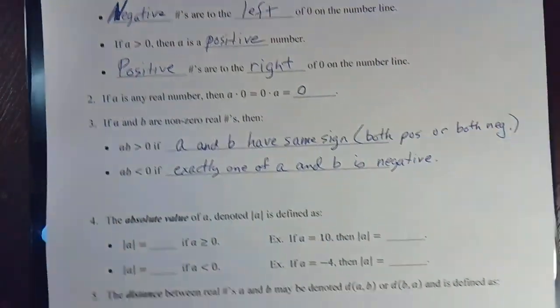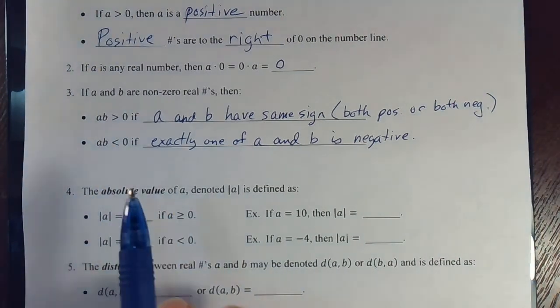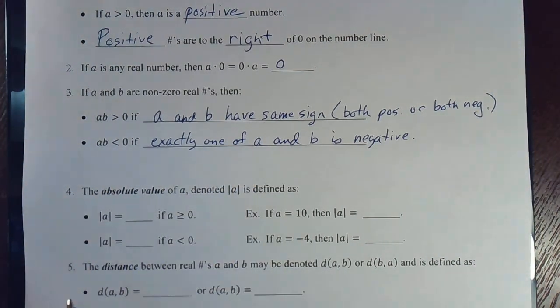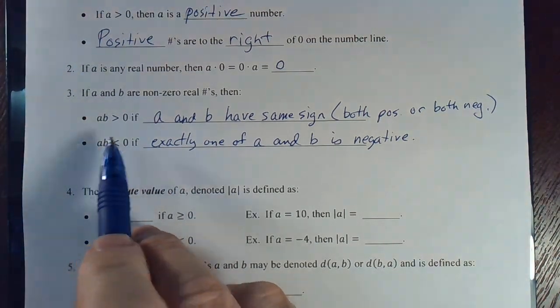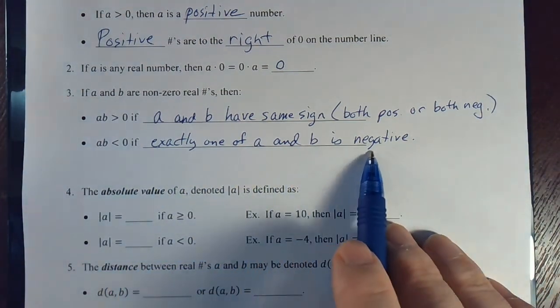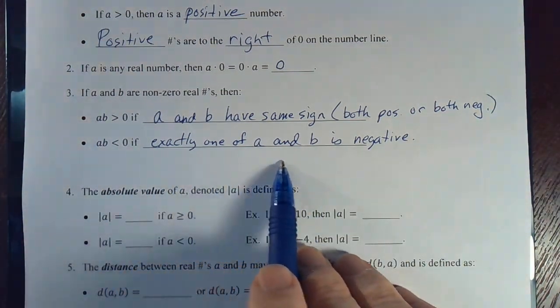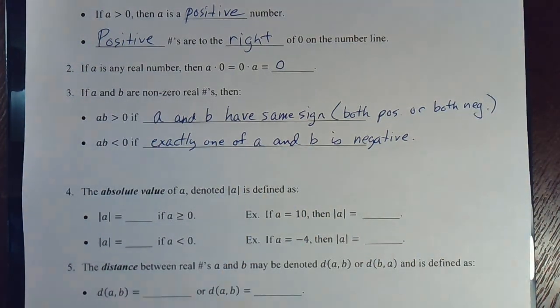Or I could have said exactly one of them is positive. Or I could have said one of them is negative and one of them is positive. Or I could have said a is negative and b is positive, or a is positive and b is negative. They all mean exactly the same thing, because I said exactly one being negative means that the other one has to be positive.